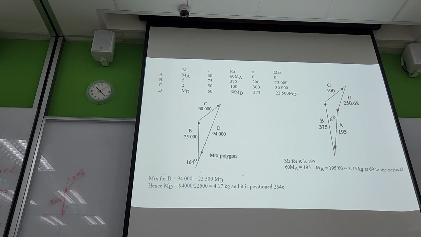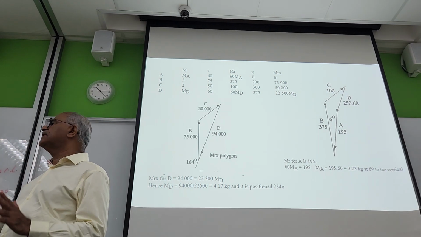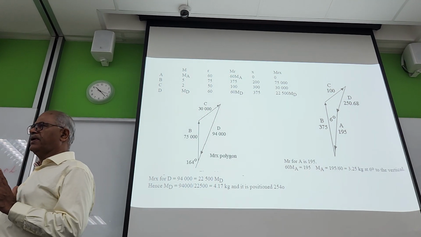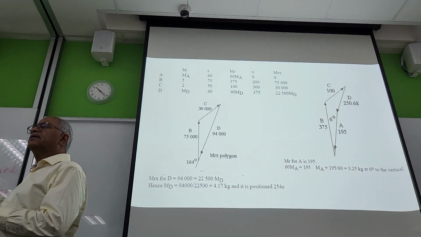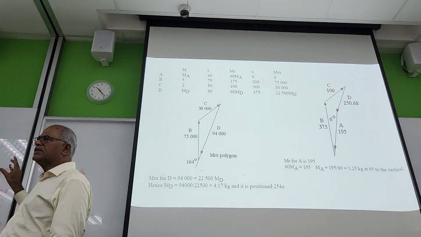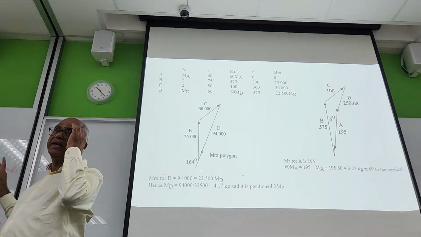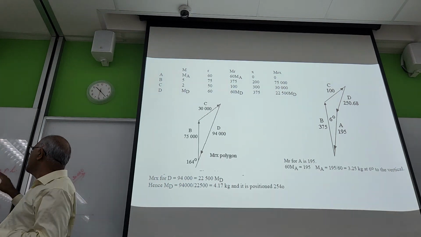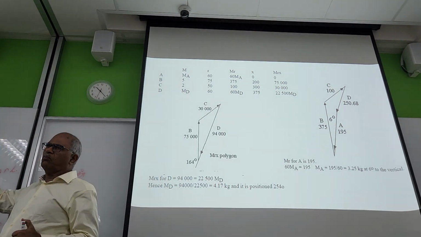No, the entire concept focuses on first preparing the table. Whatever data is prepared, mass, radius, horizontal distance L, then write down MR, then MRL. First you are going to plot the MRL polygon. Always refer this to a plane.